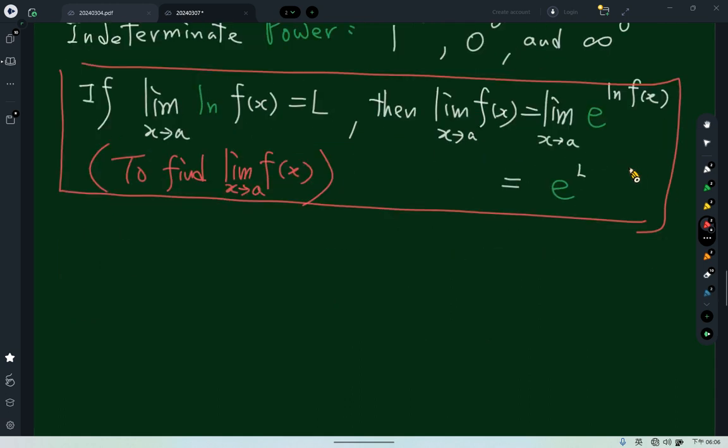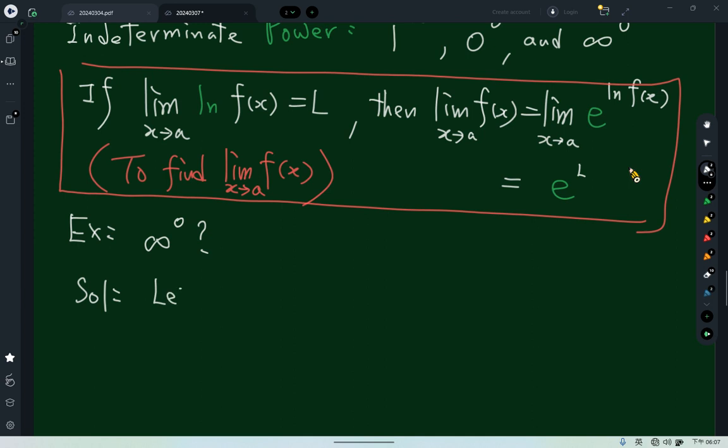So I hope you can keep this in mind, and I will give you an example. For example, if I want to calculate infinity to the power of 0, what is the result? How can we solve this problem? I can construct a function.